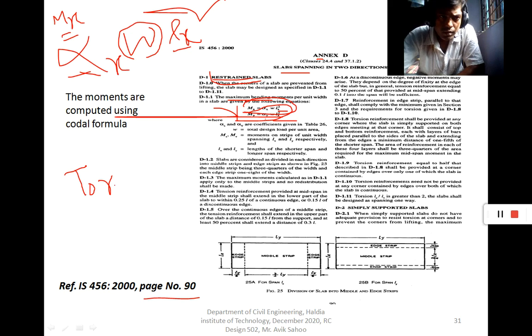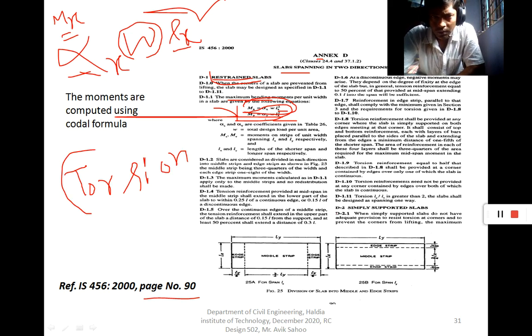Now this tendency is prevented by using the torsional reinforcement. So restrained slab means we are applying the torsional reinforcement as the corners are prevented from lifting.